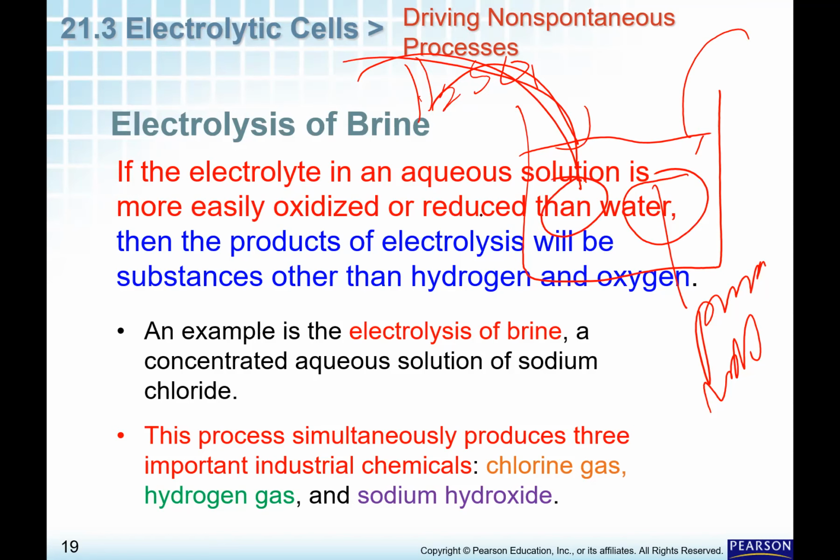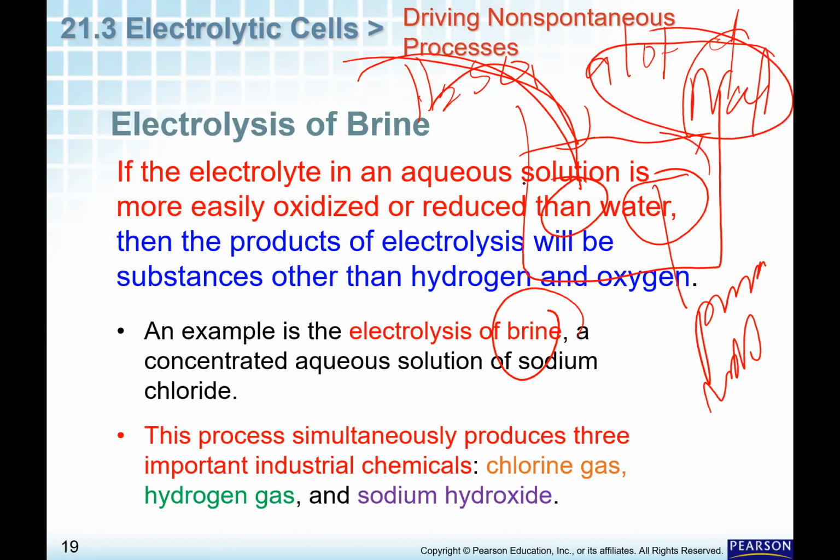One good example of that is the electrolysis of brine. Brine is basically, instead of adding sulfuric acid or nitric acid, they added to the pure water a lot of sodium chloride. When you add a lot of sodium chloride, the solution will be supersaturated with Cl minus and Na plus.